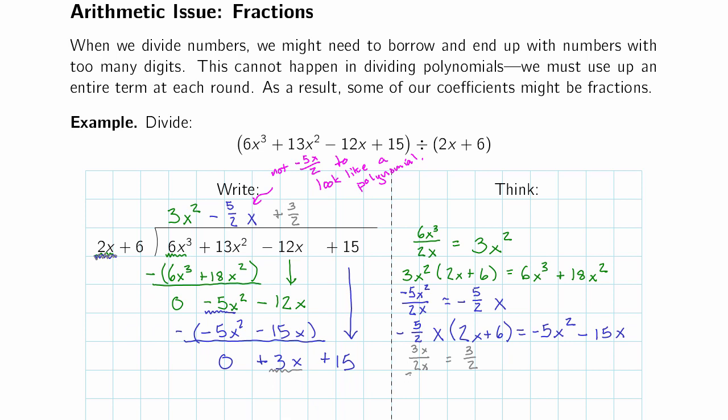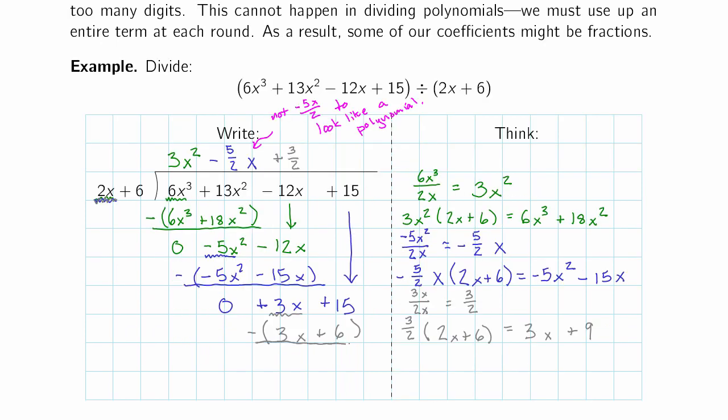When we multiply, we'll be taking 3/2 times 2x plus 6. 3/2 times 2x is 3. 3/2 times 6 is 9. And again, you can do that multiplication on the calculator if you'd like.